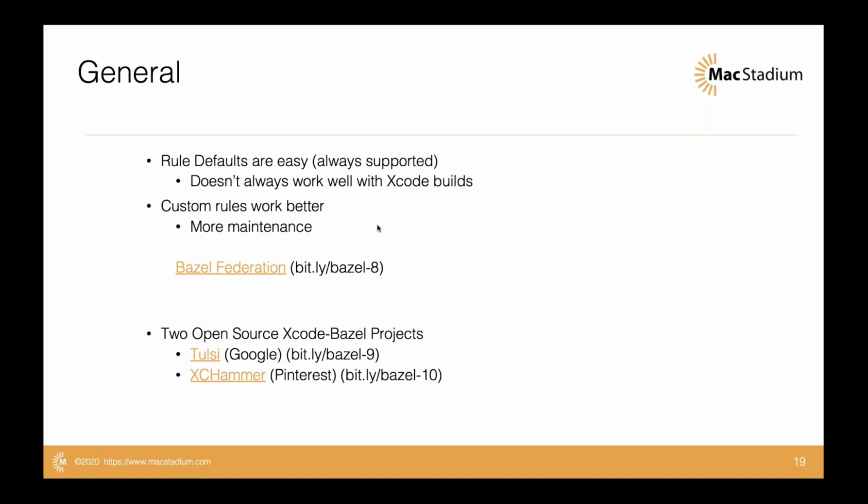For the Bazel Xcode integration, you've got two open source projects as examples, Tulsi and XCHammer. Now, obviously, Tulsi's by Google, and then XCHammer pretty much came next by Pinterest. And there's reasons why Pinterest went their own way and decided to make their own integration, and then they open sourced it because they're being nice and good citizens. These give you two good examples of things to try from day one.